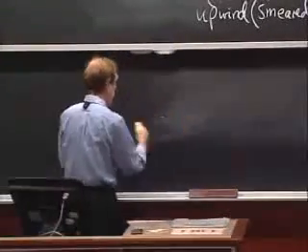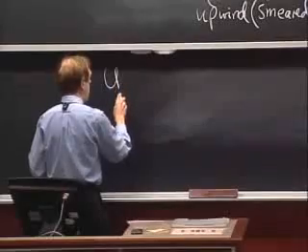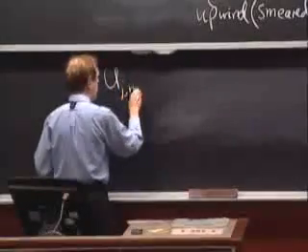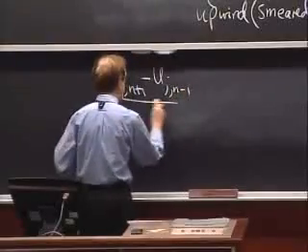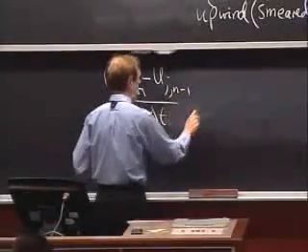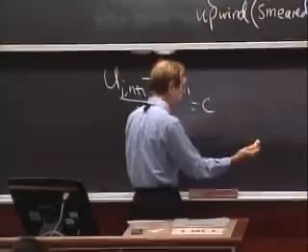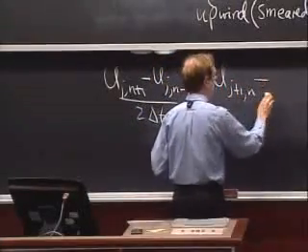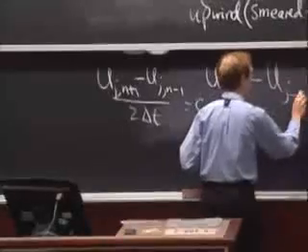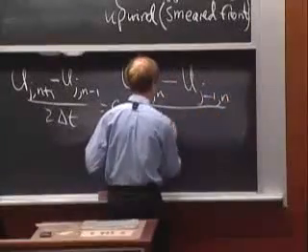I use a center difference in time, u_j^(n+1) minus u_j^(n-1) over 2 delta t, equals c times a center difference in space, u_(j+1)^n minus u_(j-1)^n over 2 delta x.